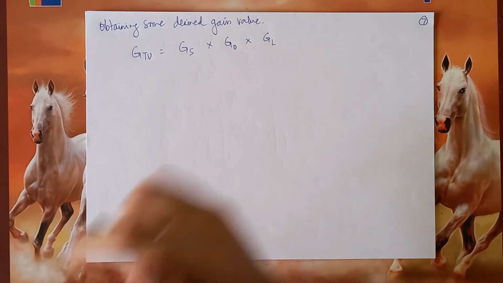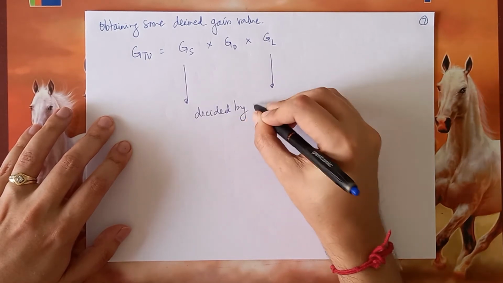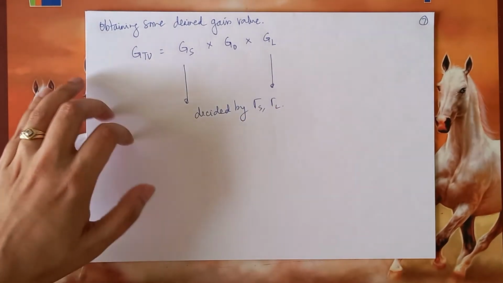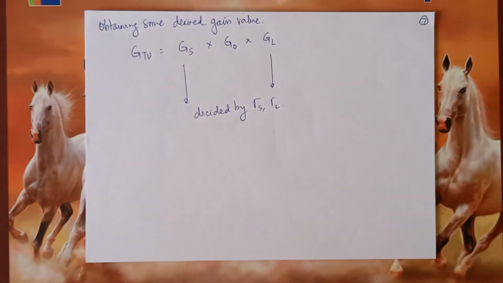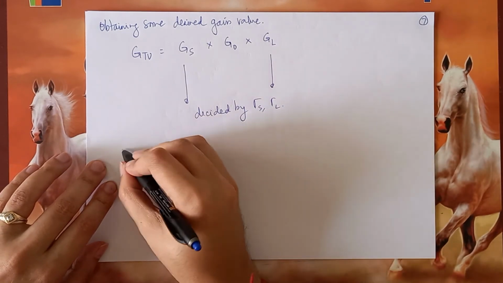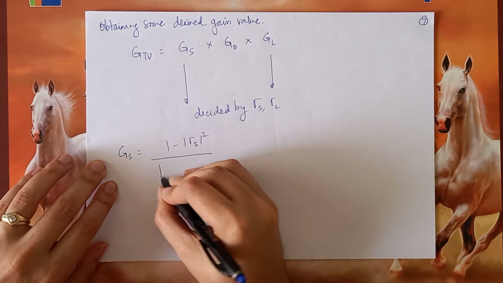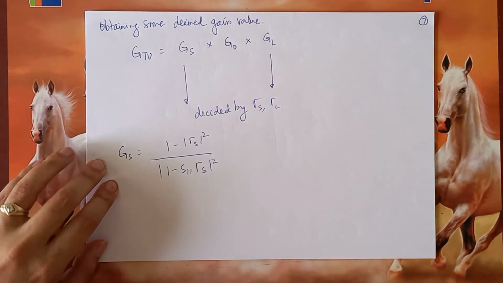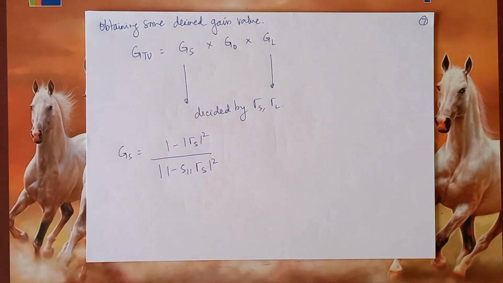How? This GS and GL are decided by gamma S and gamma L. So again, just like stability, we can judiciously choose some values of source impedance and load impedance in order to obtain the gain that we wish for. How? So GS, the general formula is this: 1 minus mod of gamma S square divided by mod of 1 minus S11 gamma S square. So S11 is fixed, but we can play around with the gamma S value and get different values of gain.